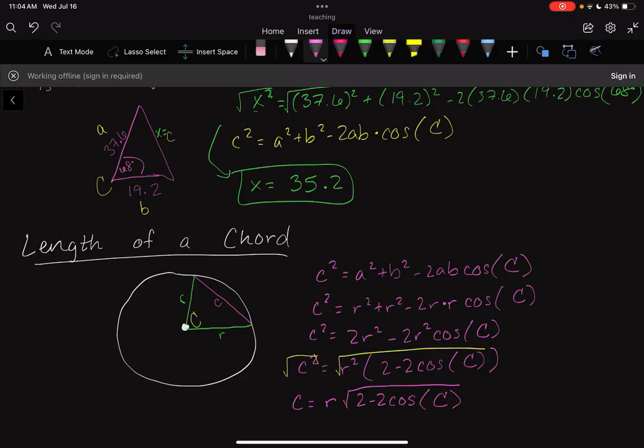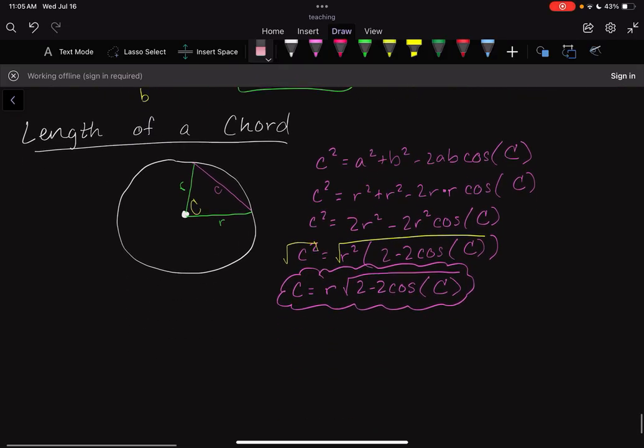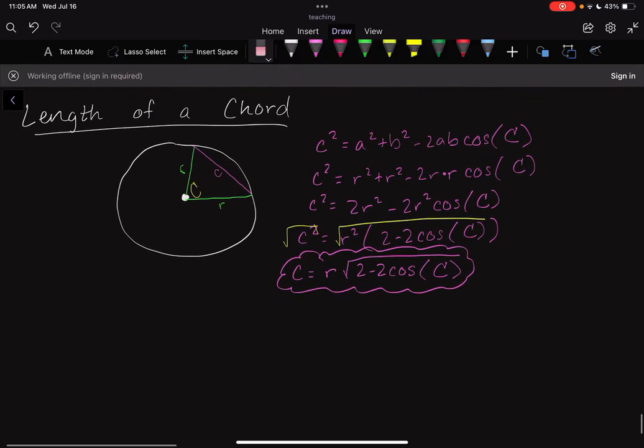So pretty much, this ends up showing us a new formula that we can use if we're looking for the length of a chord, where maybe we don't need to start off with the whole law of cosines. We just have a little bit easier of a formula to work with. And I'll show you an example of what we would do with this.